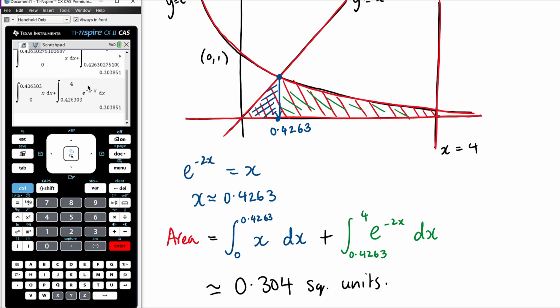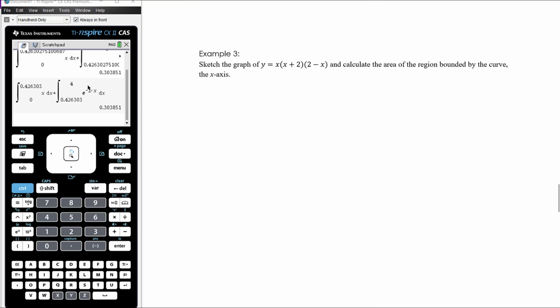So 0.304 as well. Okay, so I would say that in that instance, trying to copy and paste and use that exact answer in those 2 different limits of the integration is actually much more fiddly than if I just typed out 0.4263003, which is what I would have done. Okay, so all done. Let's have a look at another one.